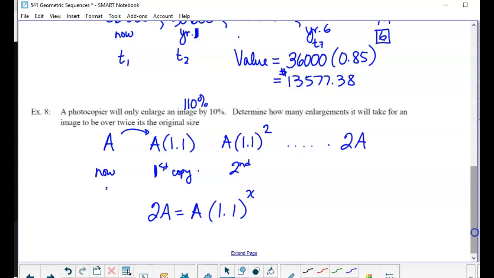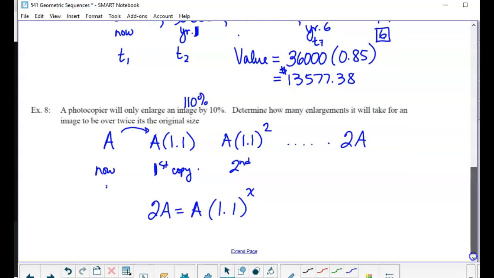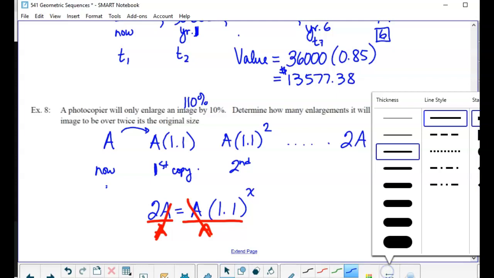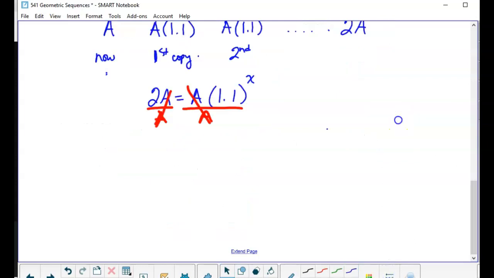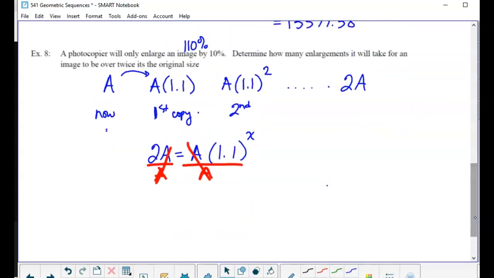So I'm not going to call it n for this question. Do we need to know that original area? Well, no, because we're just wanting to double it. So if we divide both sides by A, the A's go away. Then we get 2 equals 1.1 to the x.